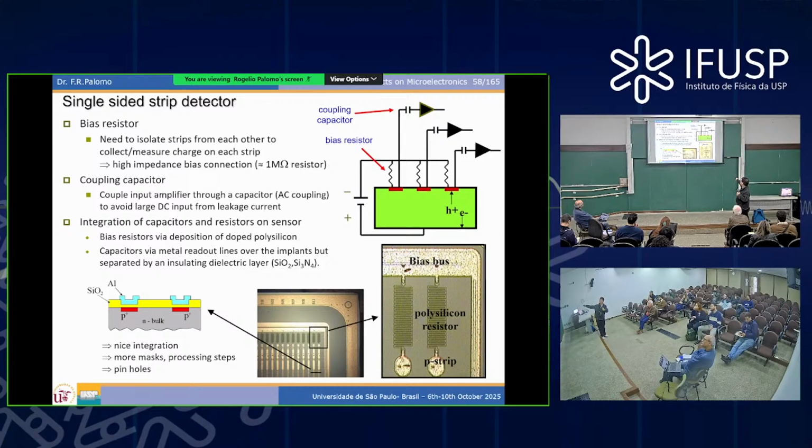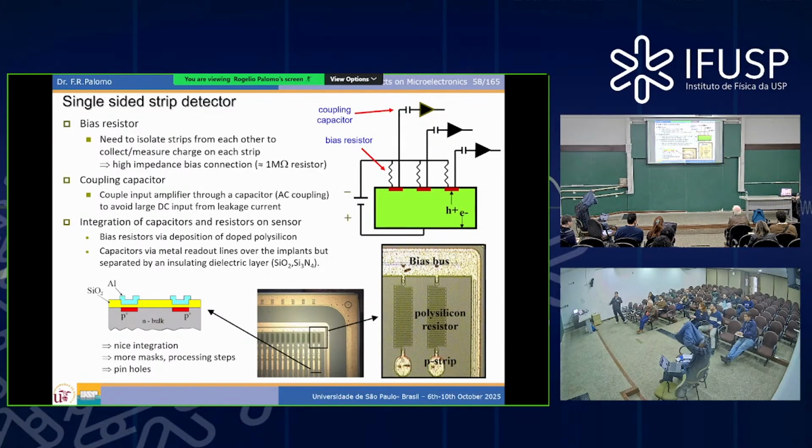It's very important, because if this capacitor is not here, you will immediately saturate the amplifier with the bias. It's critical. And remember, the signal is so fast that it will go through the capacitor, because the signal lasts 10 nanoseconds or so. In terms of electronics, it's an extremely high frequency signal. But in physics, we work in the time domain, not in the frequency domain. At the end, it's the same.